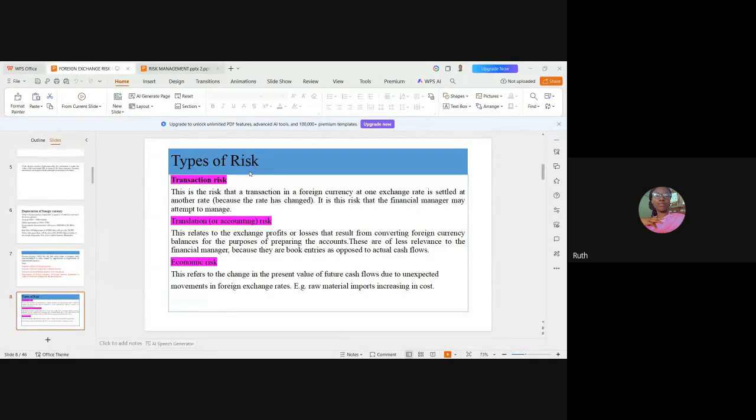While economic risk is a long-term exchange rate movement. So this is a risk that affects the competitiveness, the totality of a company, like for unforeseeable circumstances like war, inflation, all those are economic risks.